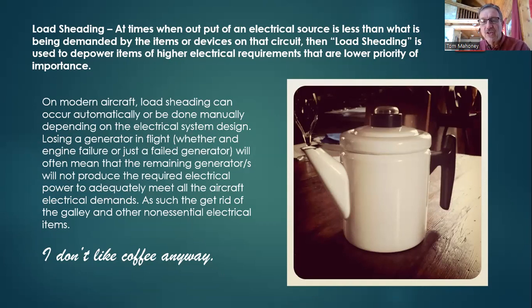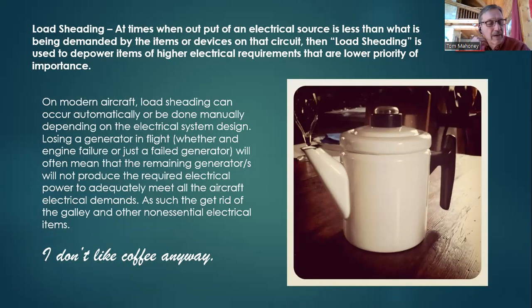So we would shed some loads. The first load we're going to shed in most cases is the galley. The galley is a luxury item that makes coffee, cooks food if we were serving food on these aircraft anymore. So if we don't need it, we would discontinue the use of it.